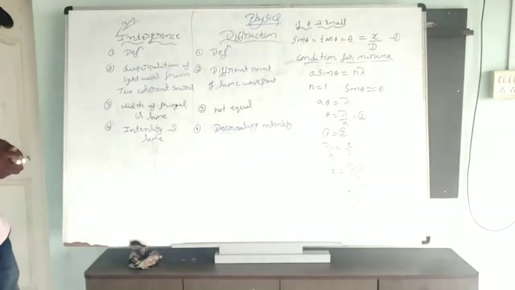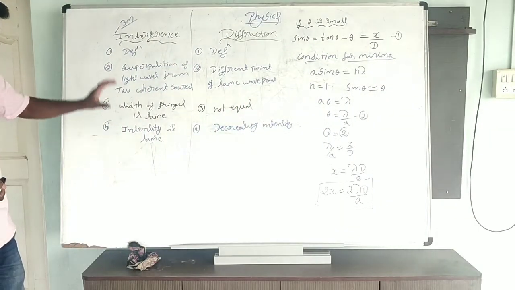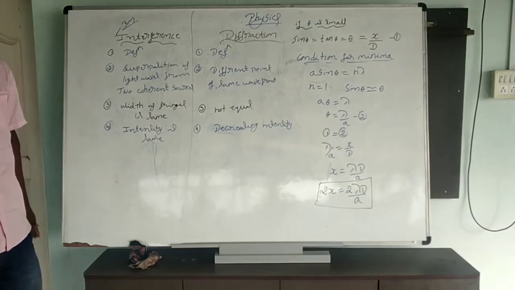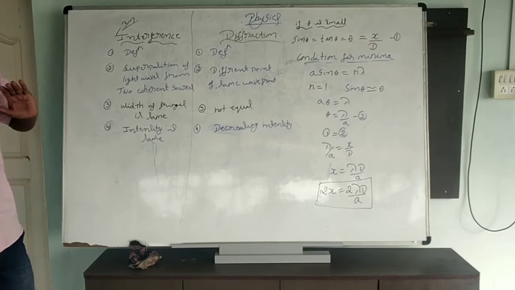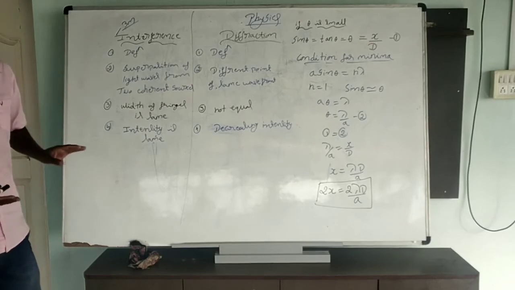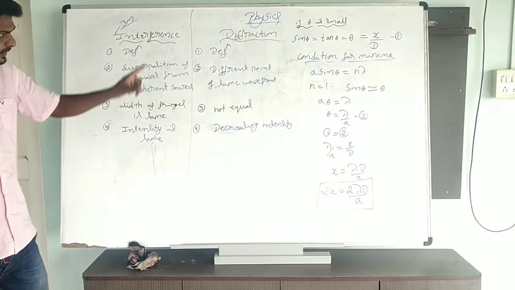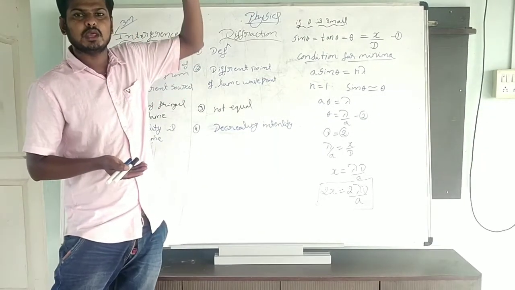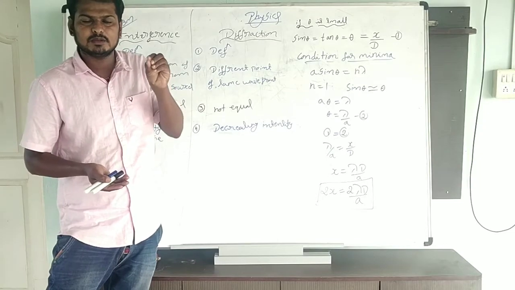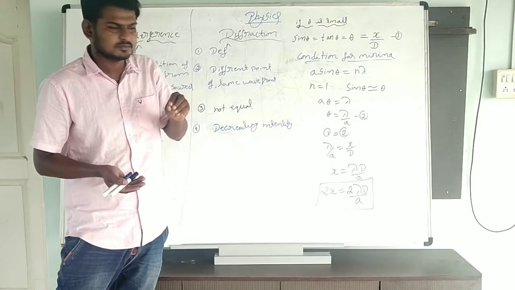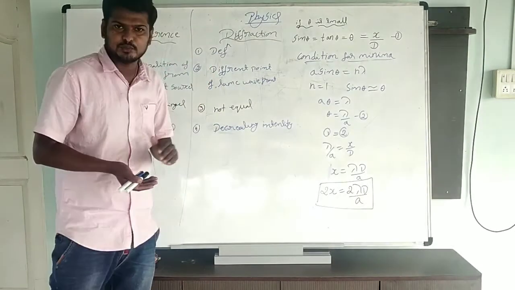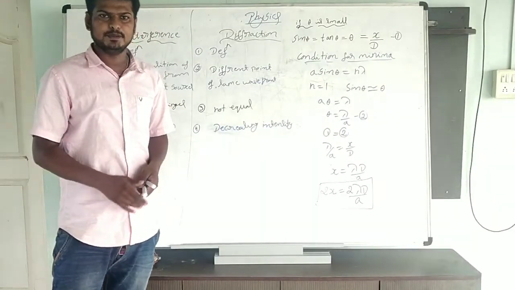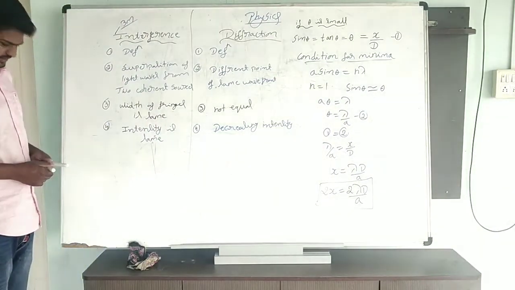In interference, the intensity of all the fringes will be the same, because bright fringes are perfectly bright with the same intensity and dark fringes are perfectly dark. But in diffraction, at the center we get maxima. When you move above or below, the intensity of the minima and maxima goes on decreasing. That's why decreasing intensity.